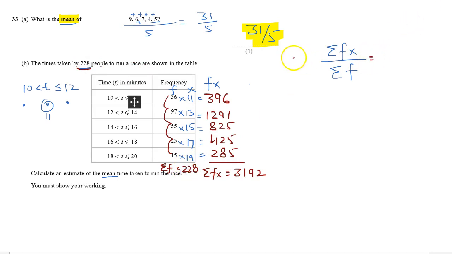So the mean will be 3192 over 228. So the mean is equal to 14. That is the answer. Mean is 14.